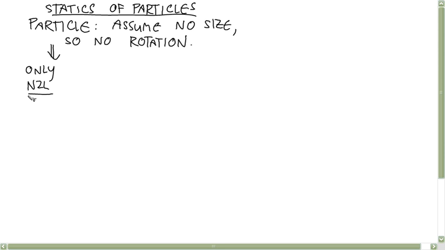So the only equation that's relevant if you're treating something as a particle is that the sum of the forces on a chosen object, or a chosen part of an object, is equal to the mass of the body times the acceleration of the body.